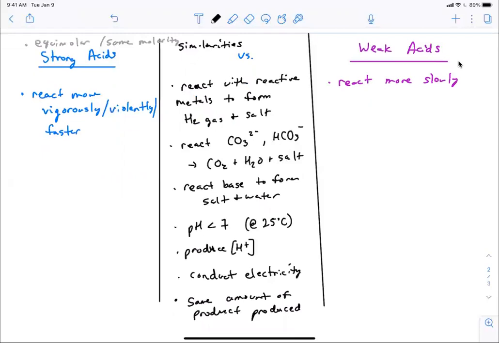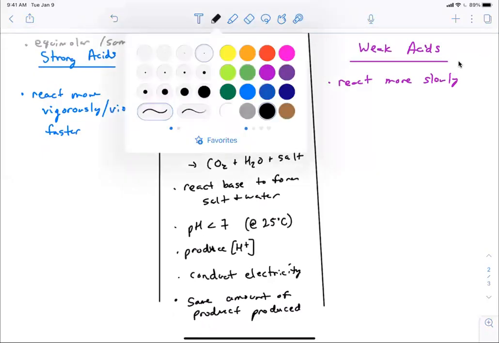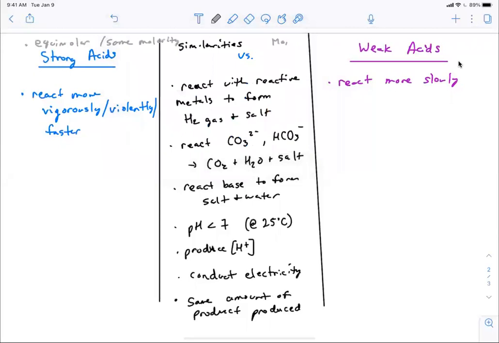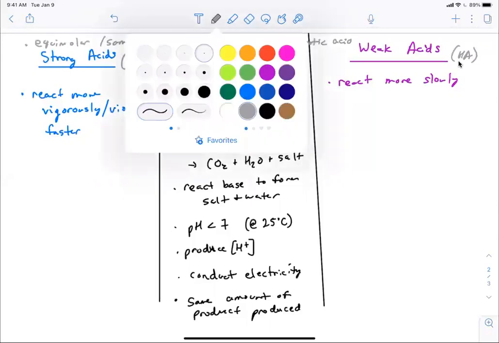So I guess we're assuming it's some monoprotic acid, like we'll just say HA. So we're not going to involve sulfuric acid, which is H2SO4. We're just going to compare two monoprotic acids. Because if you have sulfuric acid versus a monoprotic acid, then yeah, you'll have different amounts of product produced, but you should have the same amount of product produced in both of those.